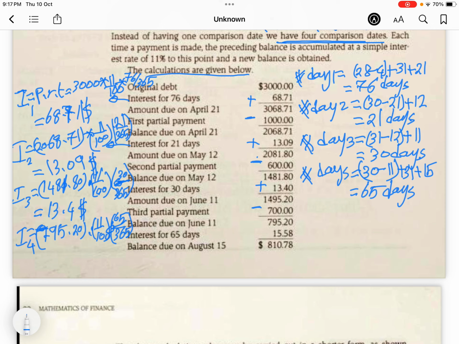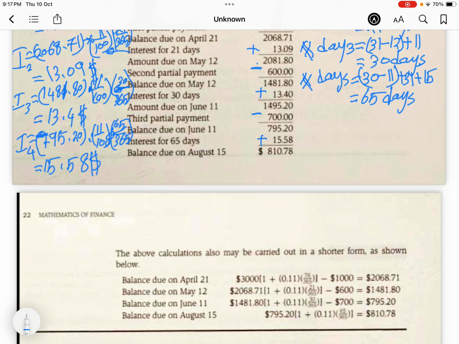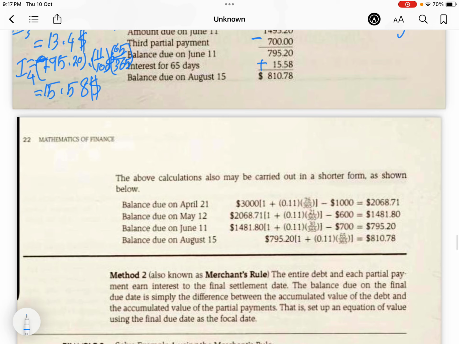You will have 15.58. Add it, and you will have 810.75. But you can solve it another, easier way.